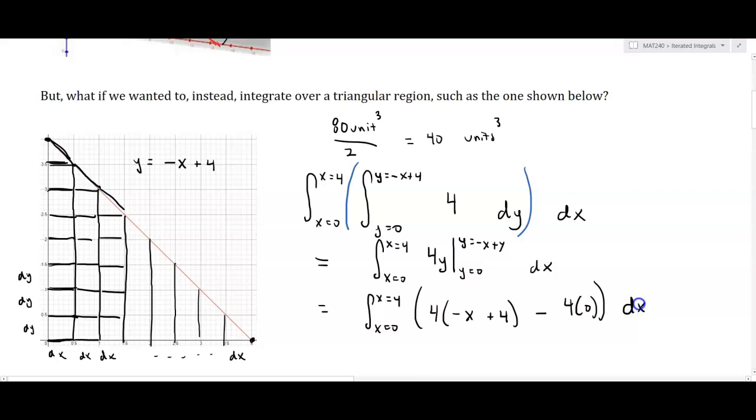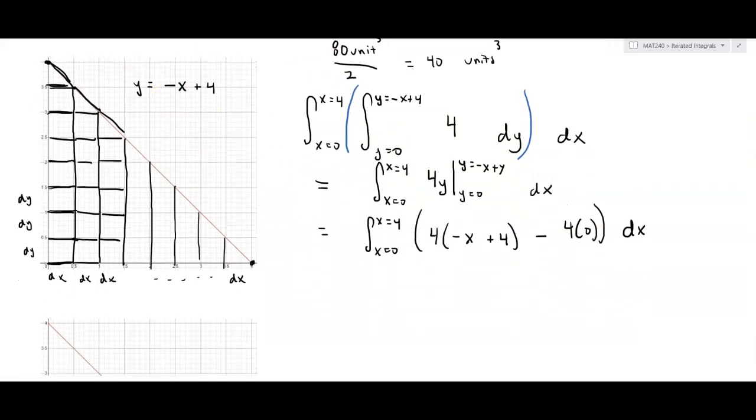And once I'm done with that, I'll integrate dx. So once I evaluate that, I will get the integral from x equals 0 to x equals 4 of -4x plus 16. The second term will give me 0.